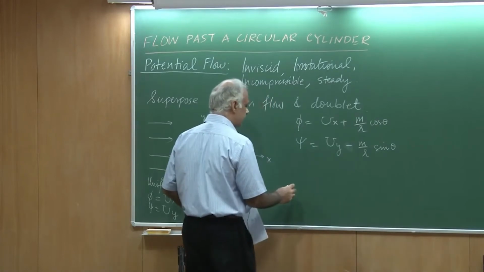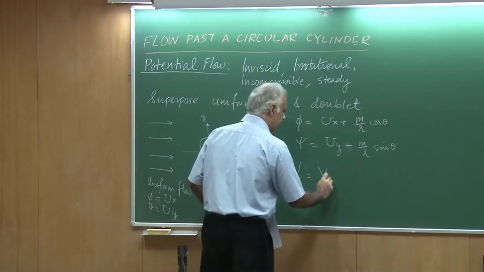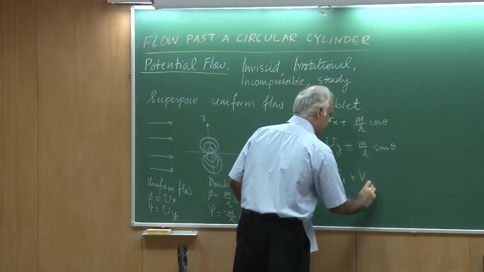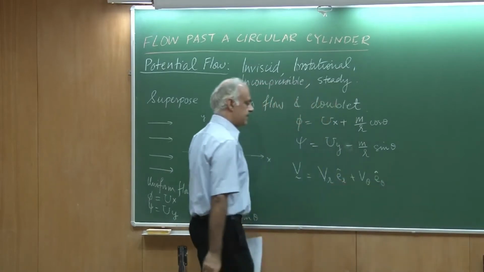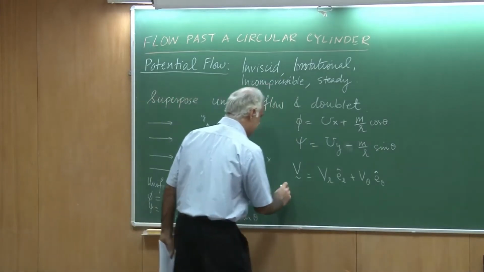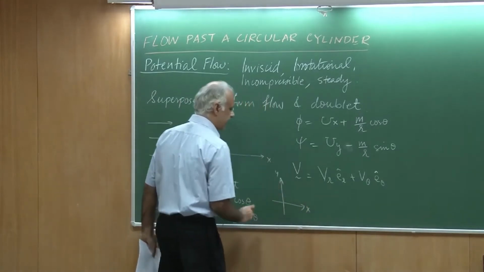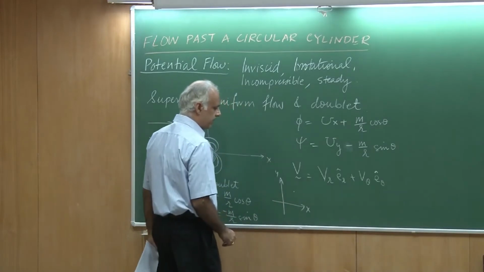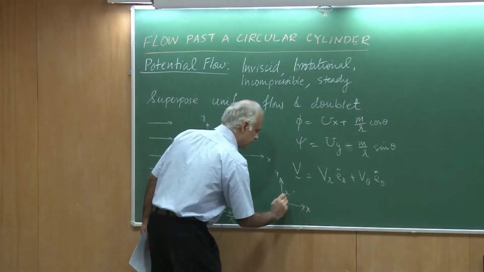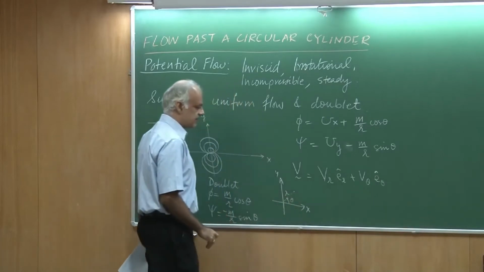So, first I would like to get the two components of velocities. If I look at v, I could write that as Vr Er plus V theta E theta. And we have already talked about our convention. If this is my axis, the x and y axis, and I look at any point where I am interested in the speed, and this is my r, the vector, this is theta.